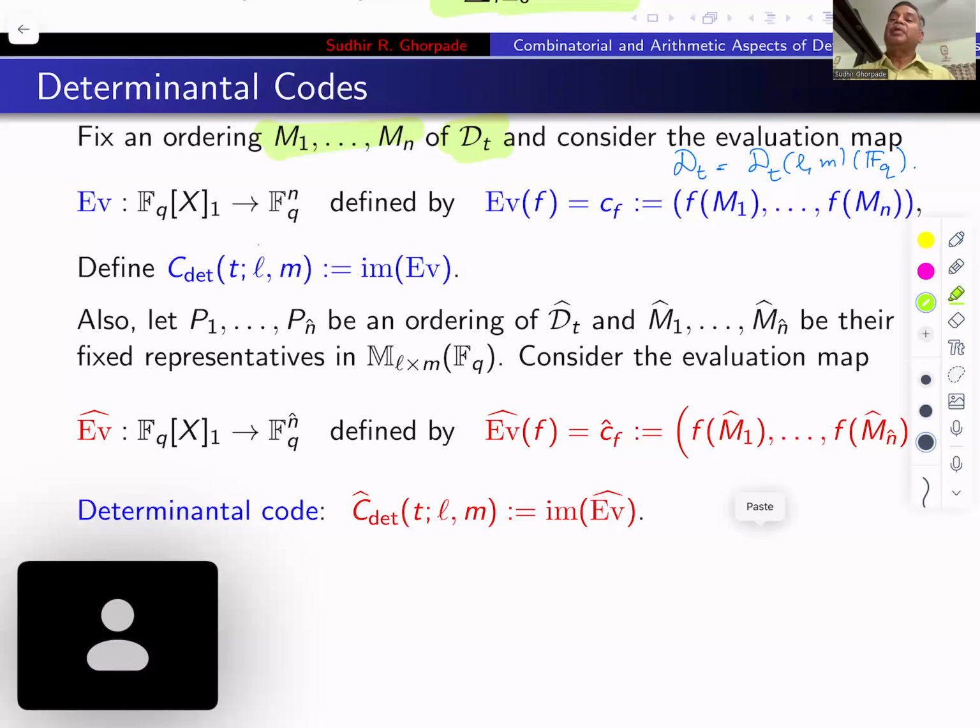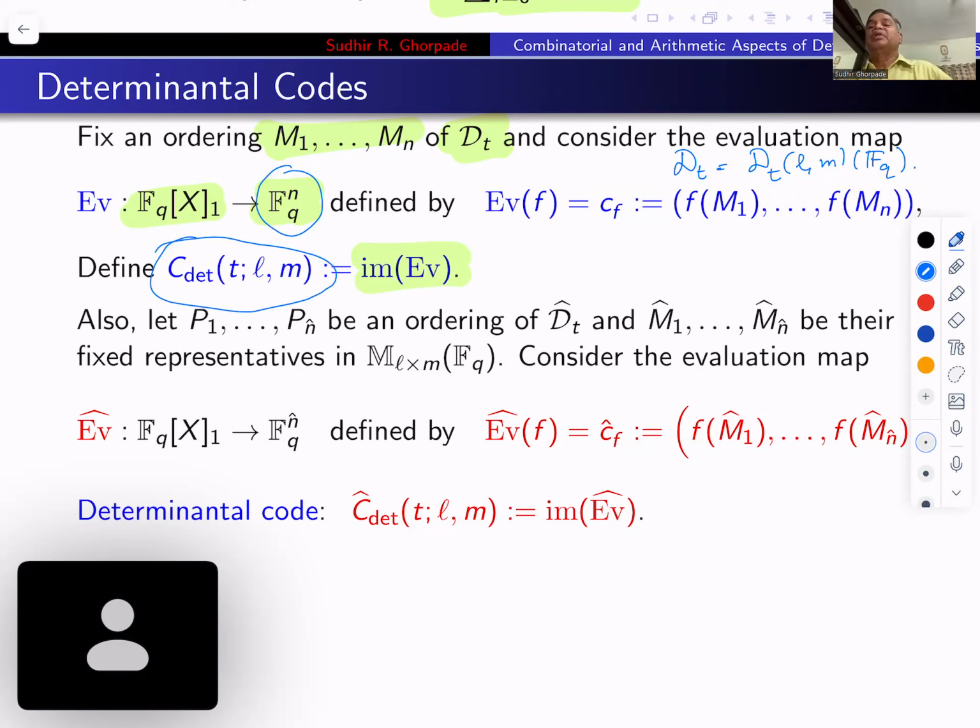So a linear map from this vector space of dimension L times M to F_q to the power n. And the image of this linear map, which will be some subspace of F_q to the power n, I will denote by this notation, C subscript determinant of t; L, M.